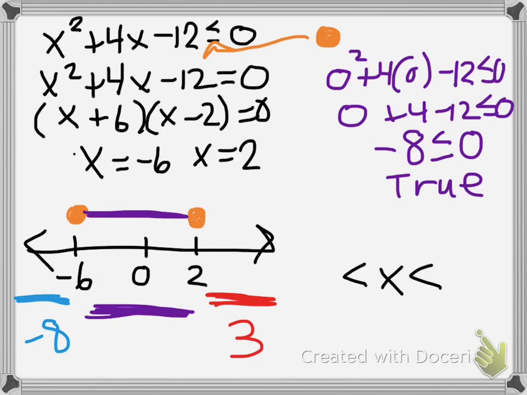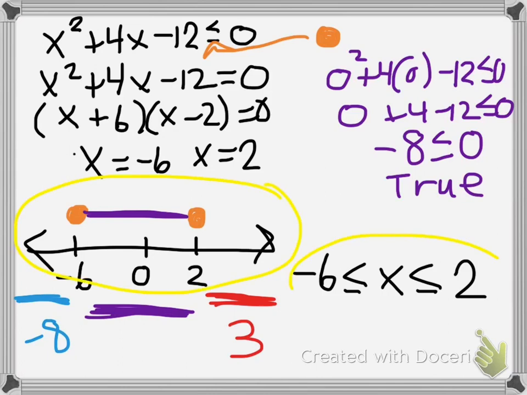Okay, and notice that my original had the equal to underneath, so I'm going to add mine in as well. I'm going from -6 to 2. Solutions are anywhere between -6 and 2 and including -6 and 2. And make sure when you do problems like this that you are giving a graphical answer and an algebraic answer. You need to have both of them together to get full credit.